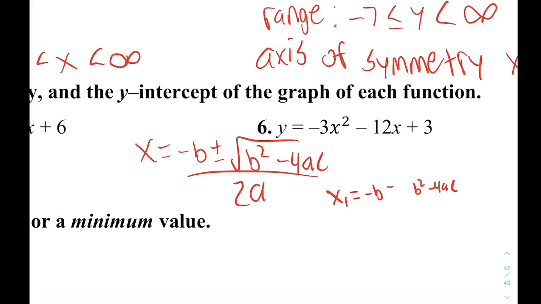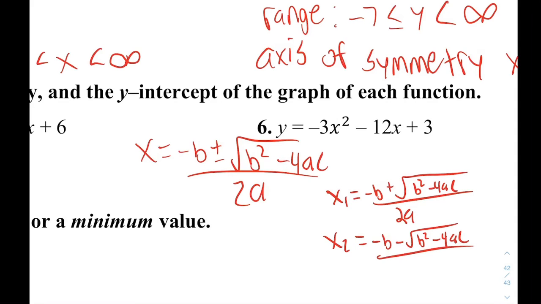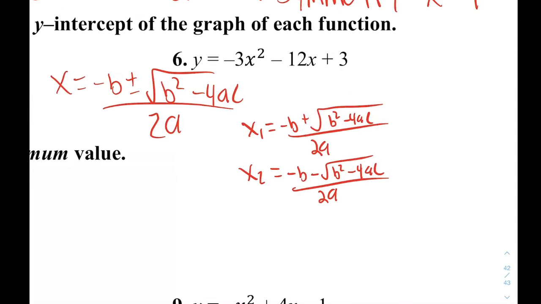The first answer comes from whenever we're going to add this. The second answer comes from whenever we're going to subtract it. So that's how we get our two answers for x. And those x's are the roots.